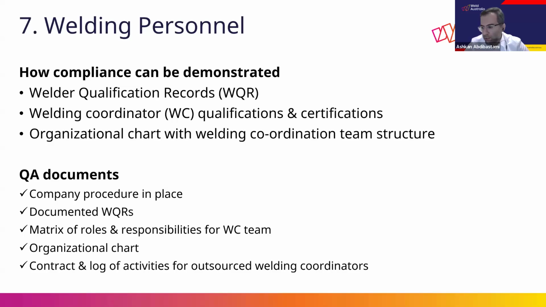Supporting QA documents should include a documented company procedure, again, a roles and responsibility matrix based on the ISO standard, ISO 14731. And if welding coordination is outsourced, a formal contract and a log of activities that show that the responsible welding coordinator is actively participating on site activities and welding coordination activities.